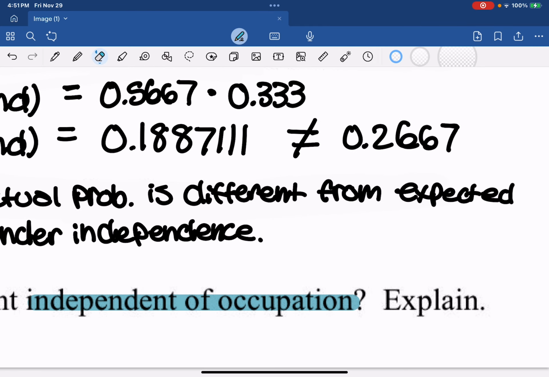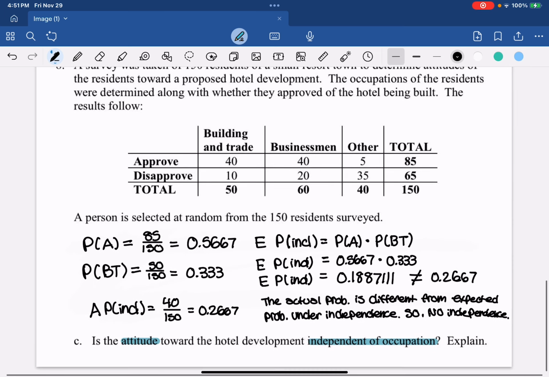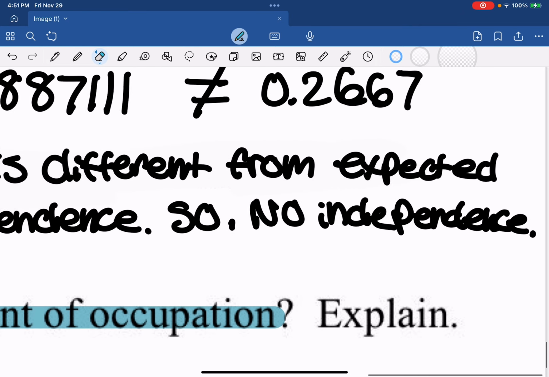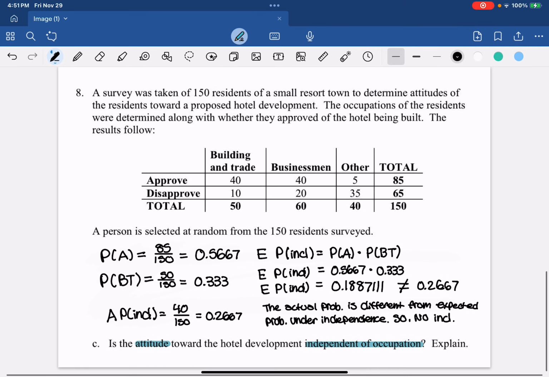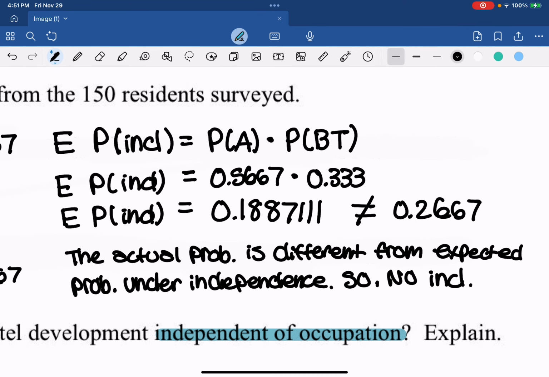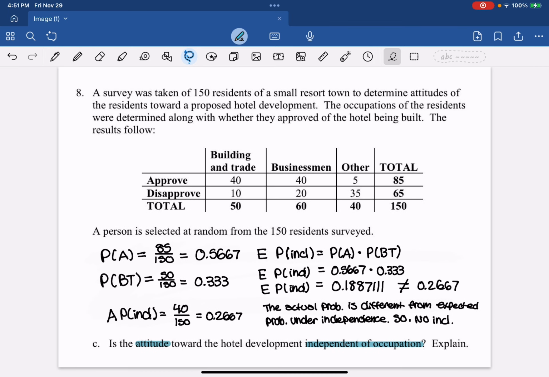So no, there's no independence, okay? That's our reasoning why. Because these don't equal each other, it's not independent based on occupation, and they don't match.